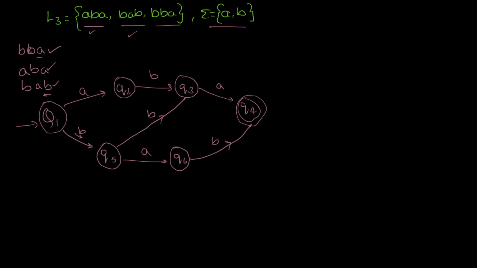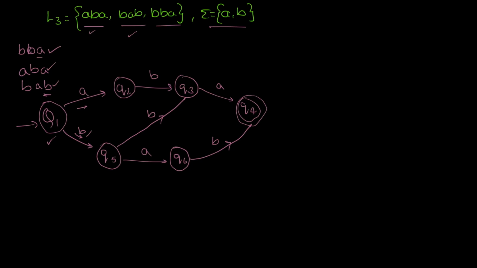Now let's look at each state and check whether it has a transition over every input symbol. Starting with the initial state, we can see that Q1 has transitions over A and B. So Q1 is complete. Now coming to Q2.